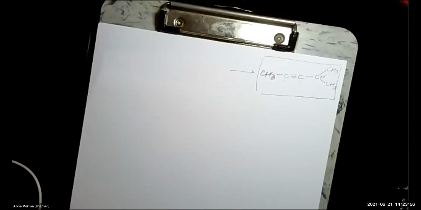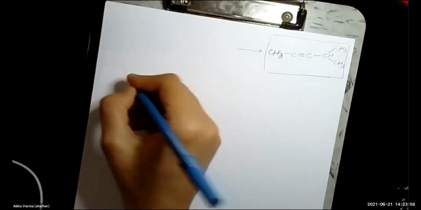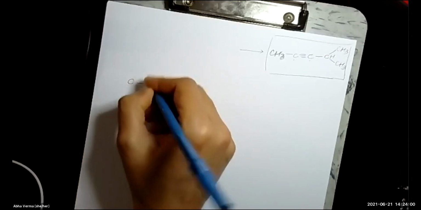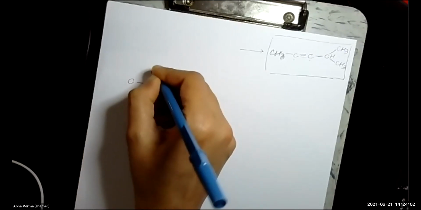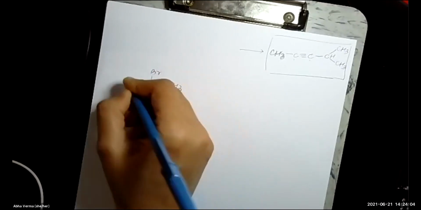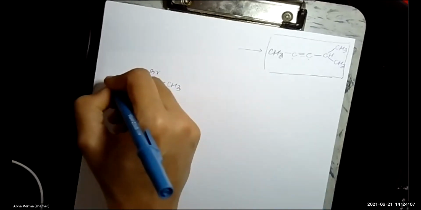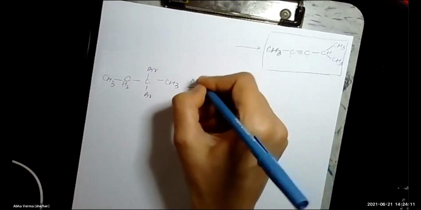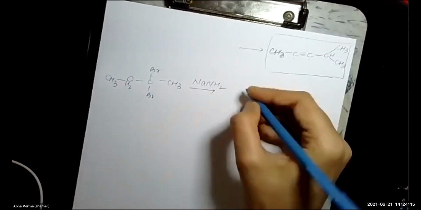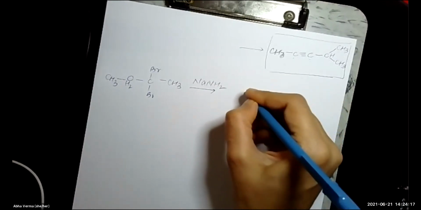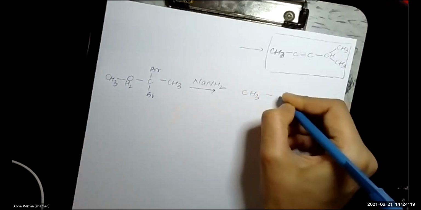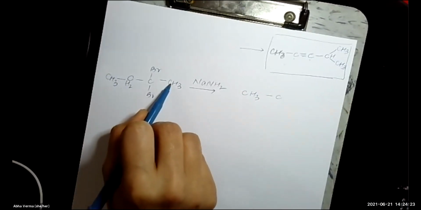So we have looked already at the way you have a dihalogen using sodium amide. You are going to make a triple bond with the more substituted carbon, not with the less substituted carbon.